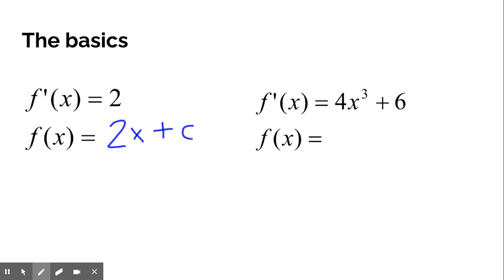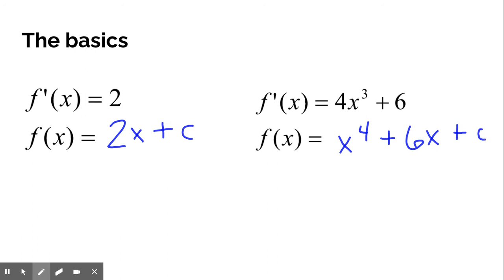You can see in the next problem here where I have f prime of x equals 4x cubed plus 6, I need to work backwards. So what do I take the derivative of to get to 4x cubed plus 6? Well, if you think backwards, I really have x to the 4th, because I'd multiply and subtract 1, plus 6x plus c.